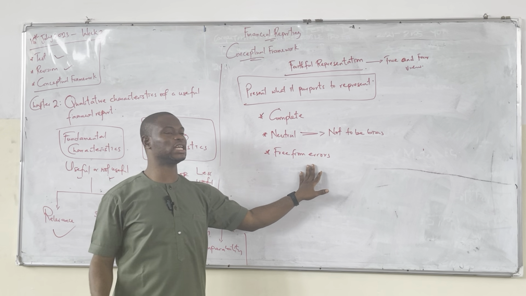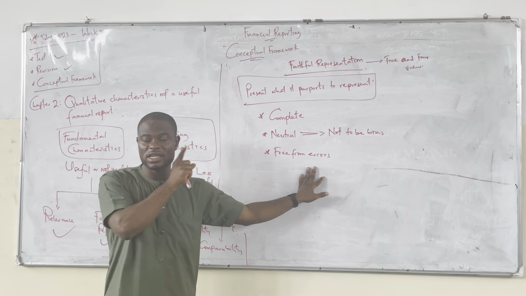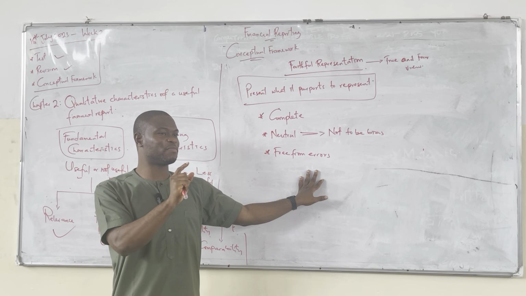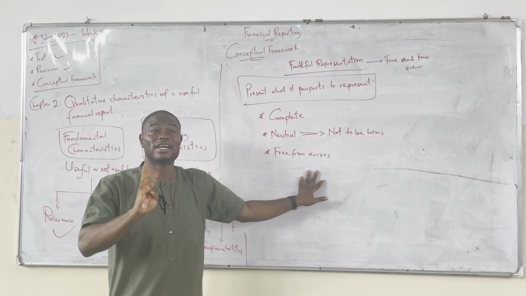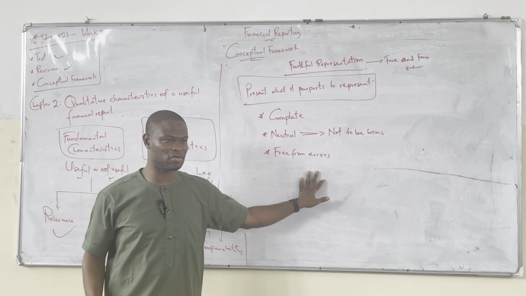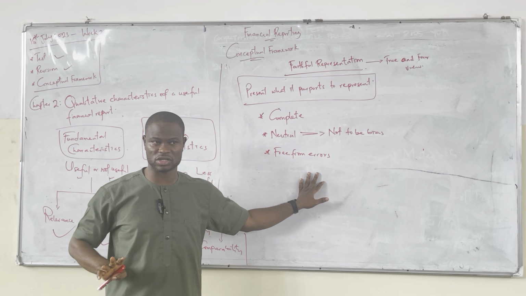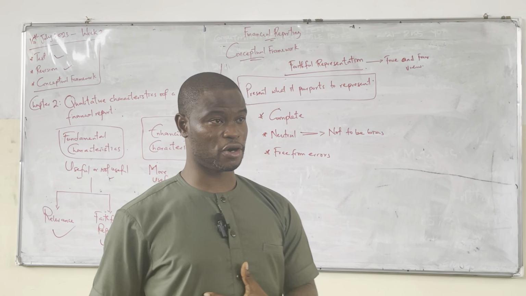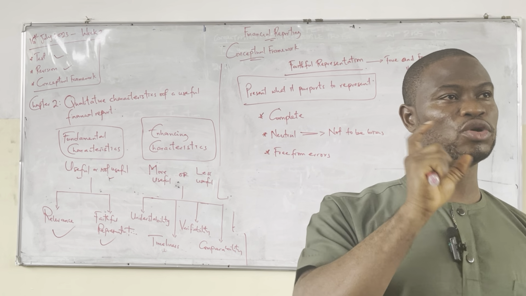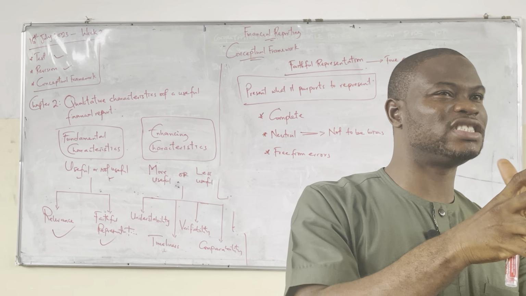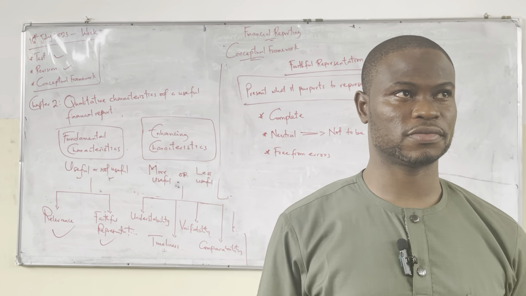Majorly. And finally, it's free from error. This free from error doesn't mean that the financial report should be accurate. Financial report is not accurate. It cannot be an exact depiction. What we are saying here is that for it to be free from error, all your models and all your calculations must be properly disclosed and explained.